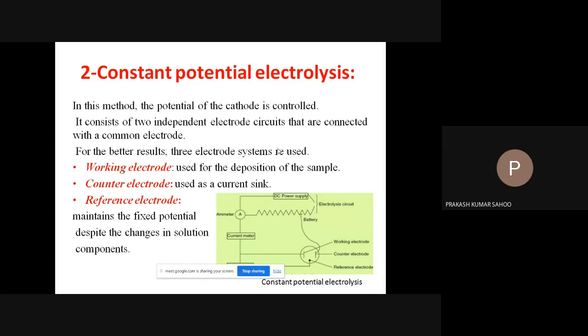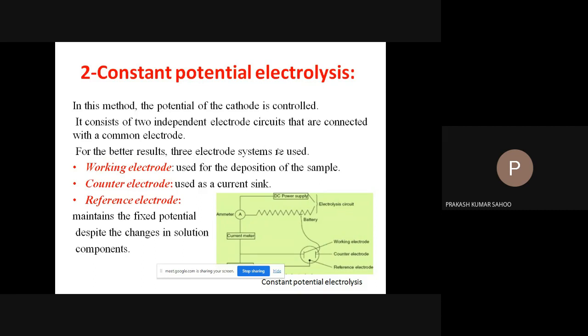That is, in this method, the potential of the cathode is controlled. It consists of two independent electrode circuits that are connected with a common electrode. For better results, a three electrode system is used, that is working electrode, counter electrode, and reference electrode.